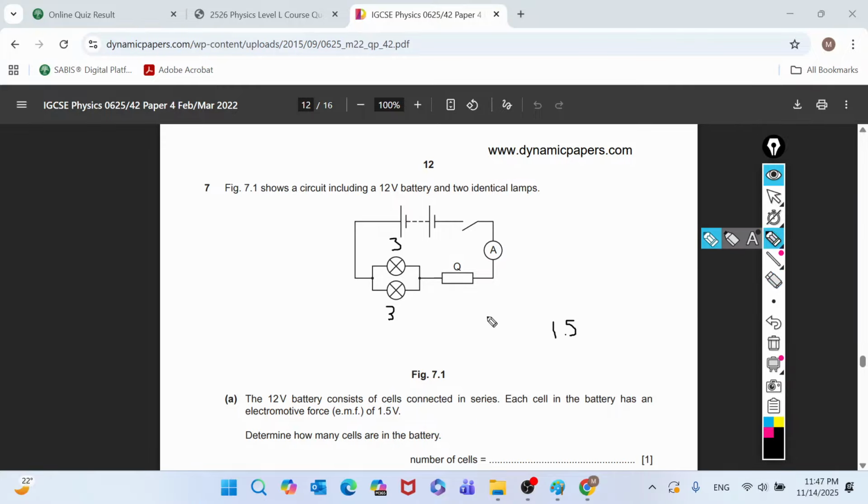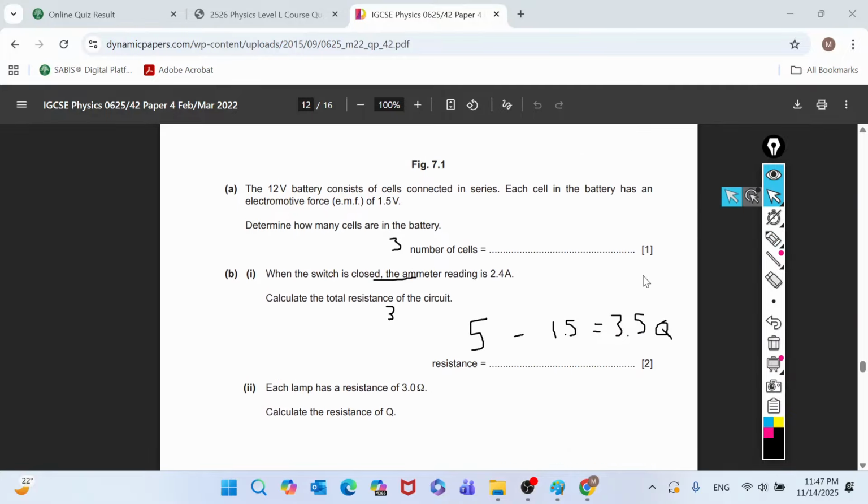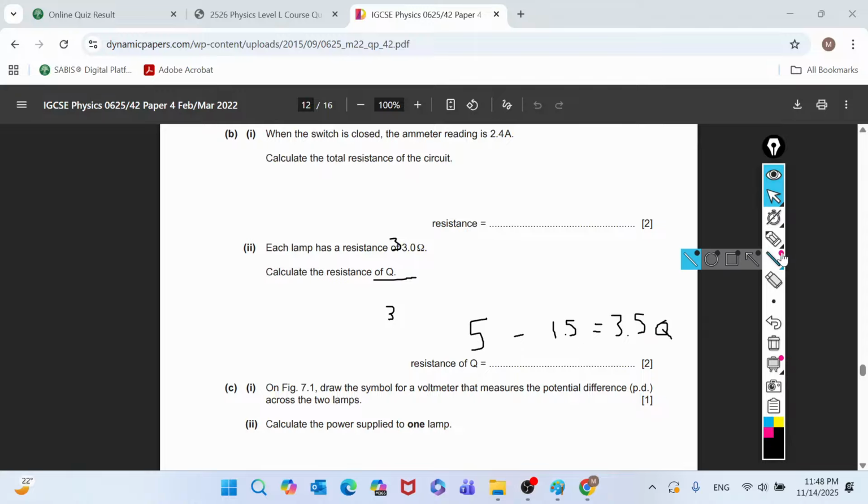The total resistance is 5. So this is 1.5 and the total is 5. So 5 minus 1.5 gives you 3.5 to get Q. Okay, guys. The total resistance in the circuit, no, we solved that one. So find the resistance of Q, yes, 3.5.